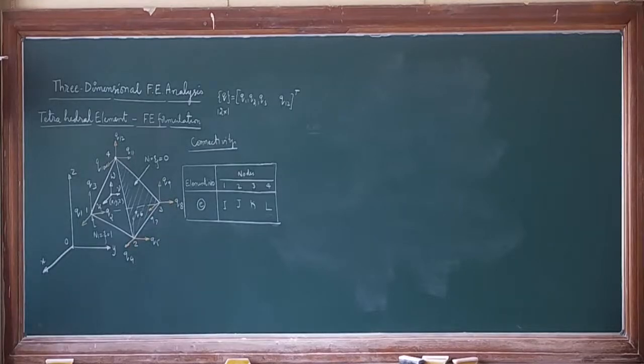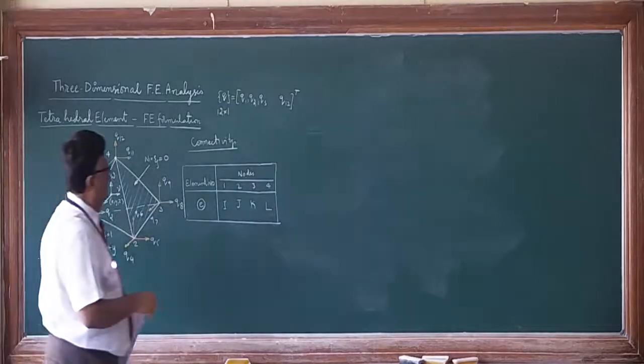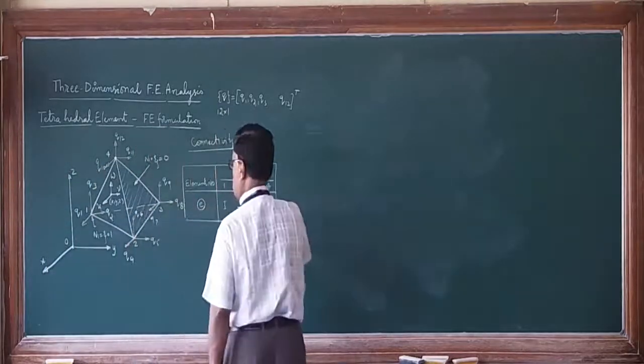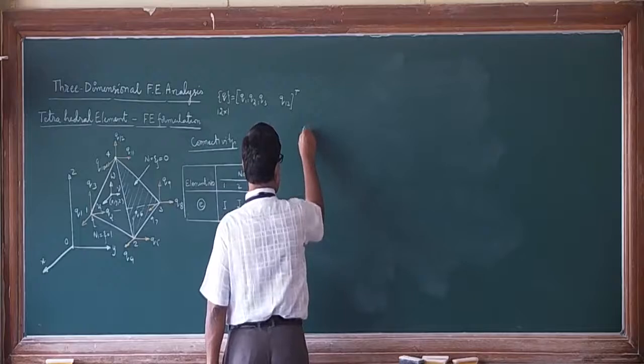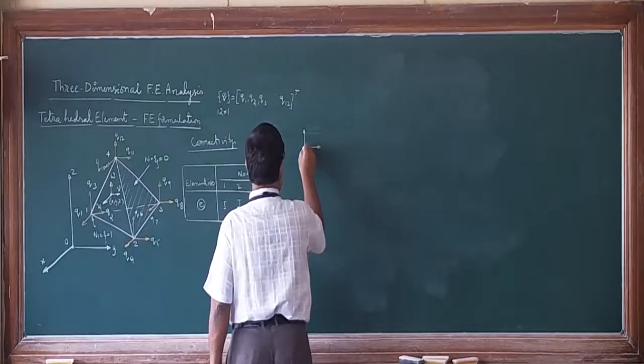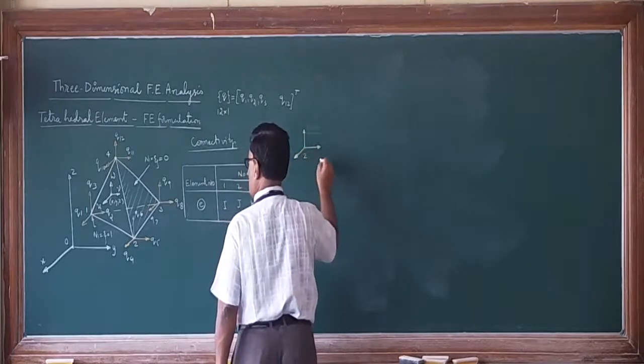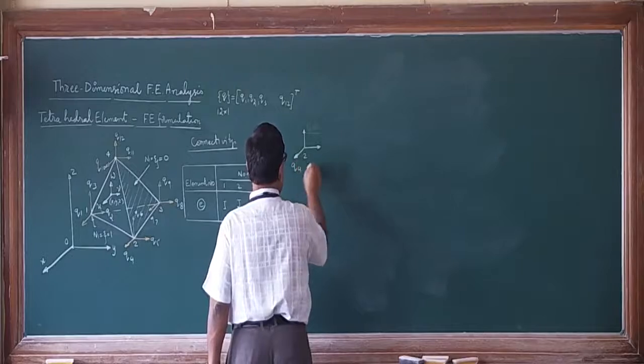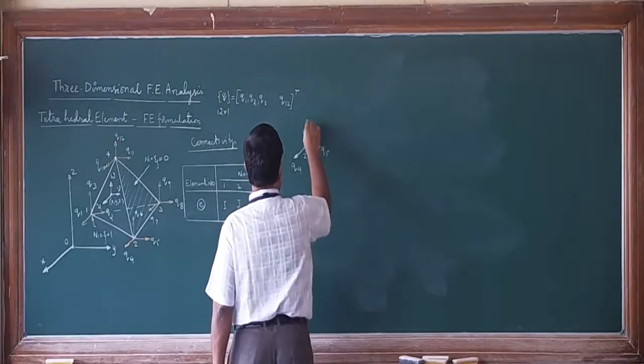For each local node I, we assign 3 degrees of freedom, and this is the way we write them. For example, if you take node 2, it has Q4, Q5, and Q6.